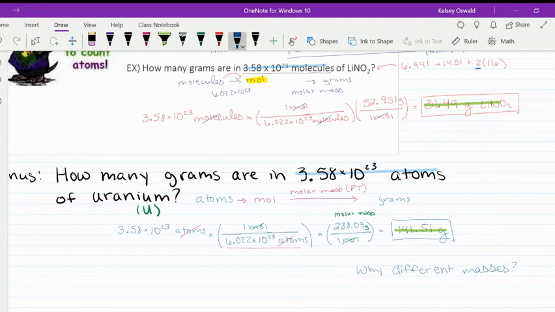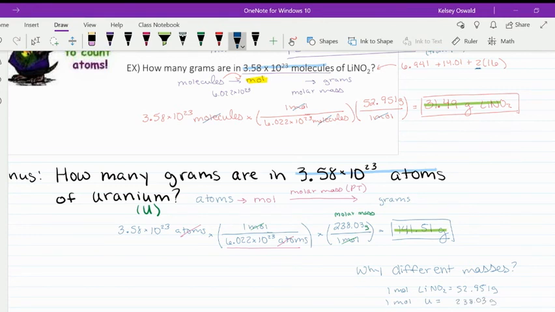So if we compare, 1 mole of our LiNO2 had a molar mass of 52.951, so 1 mole equaled 52.951 grams. However, 1 mole of our uranium had a mass of 238.03 grams.